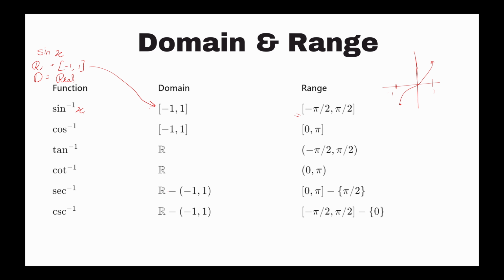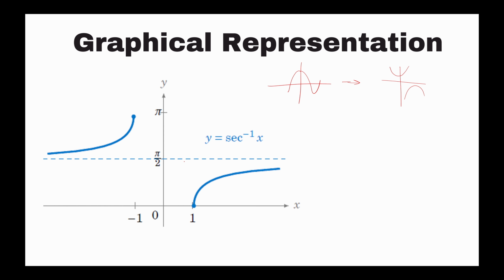For sec inverse x, again the domain is all real numbers. However, it is not defined between -1 and 1. So when we write down the range as well, we would get 0 to pi. However, pi/2 would not be included. If we look at the graph once again for sec inverse x, you can see that from -1 to 1, the graph is not defined.